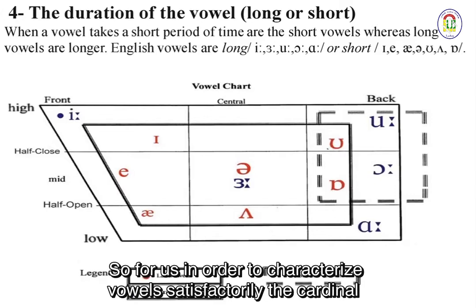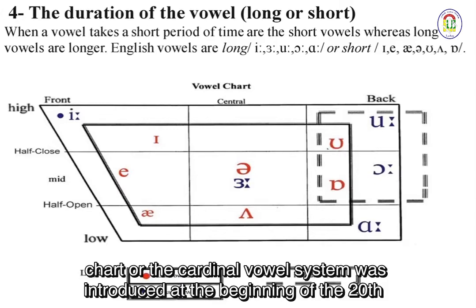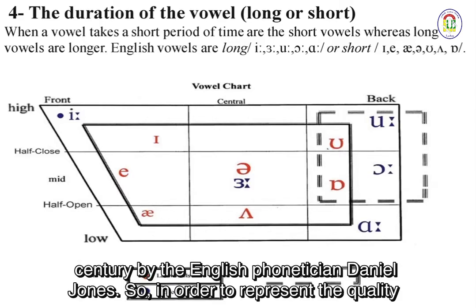So in order to characterize vowels satisfactorily, the Cardinal vowel system was introduced at the beginning of the 20th century by the English phonetician Daniel Jones.